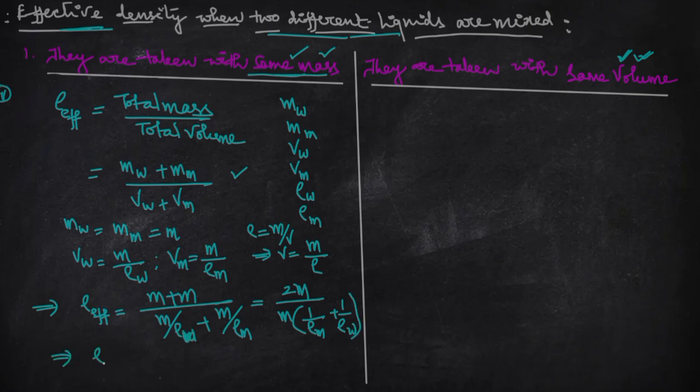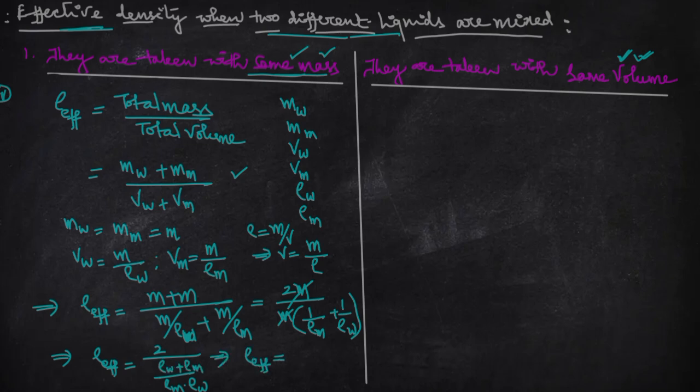This implies effective density equals, this M gets cancelled, and 2 by, here I am going to take the LCM, rho M into rho W and this is rho W plus rho M.